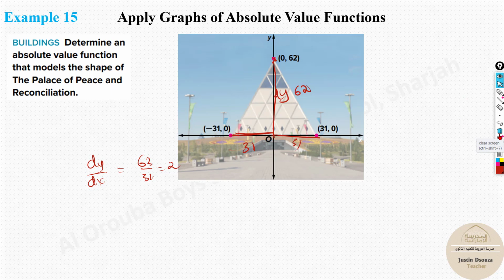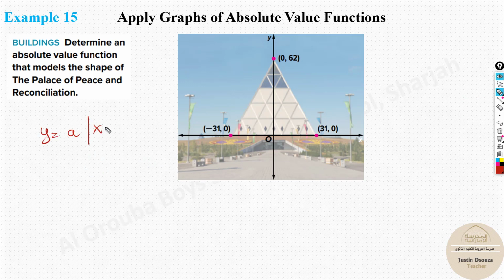Now, once we get the slope, what else do you need? Slope is done. Now, let's recall the function: y equals a modulus of x minus h, plus k. What about k? It's going up. See now, over here, is there any move to the right or left from this point, the vertex?